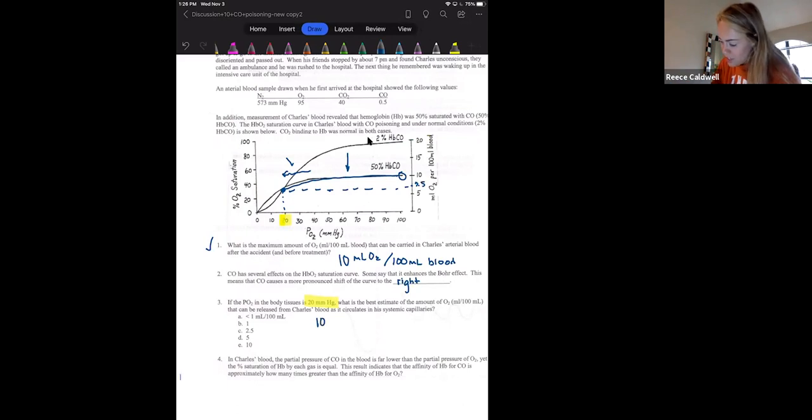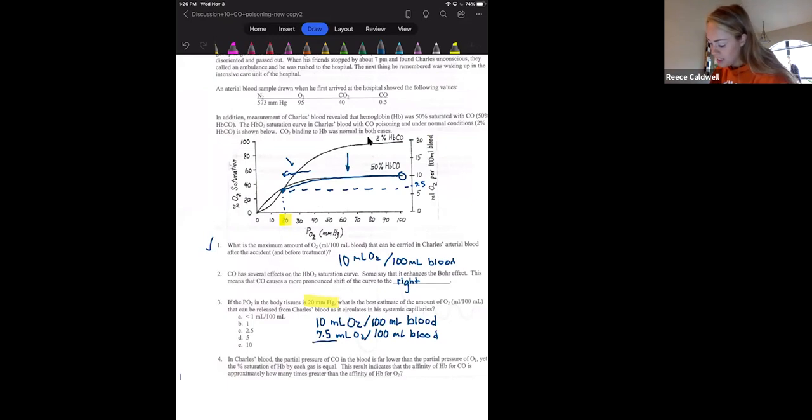So we have that initial 10 milliliters, sorry, I said millimeters of mercury earlier, milliliters of O2 per 100 milliliters of blood. And then once we hit that 20 millimeters of mercury, we have about 7.5 milliliters of O2 per 100 milliliters of blood.